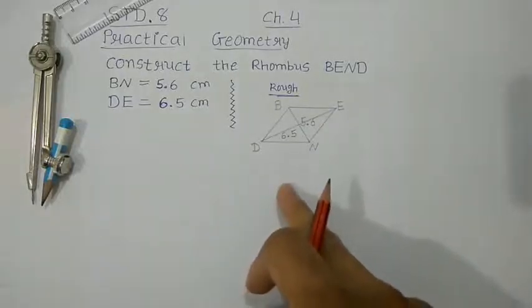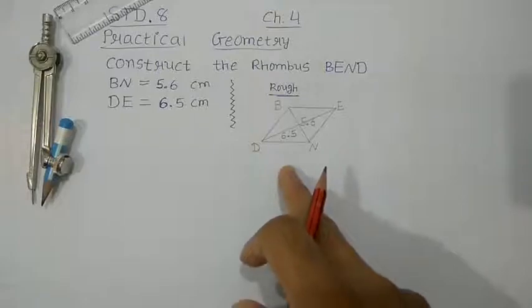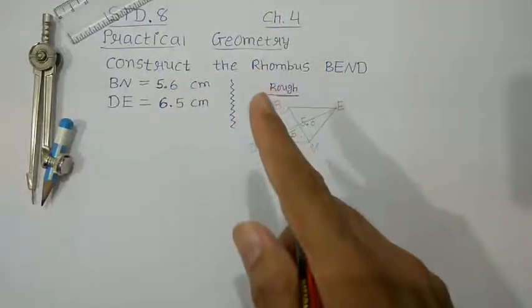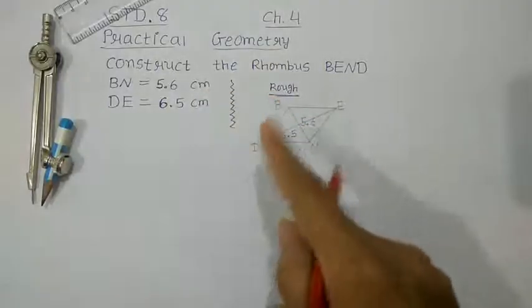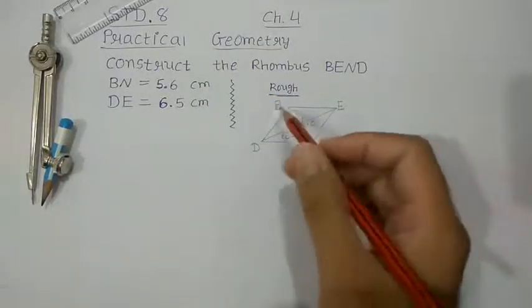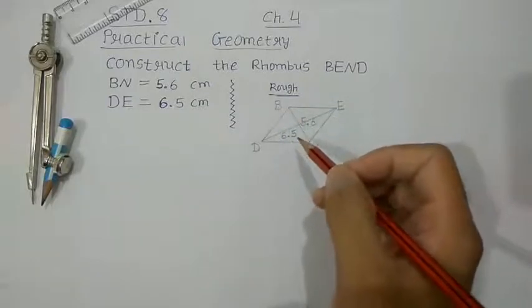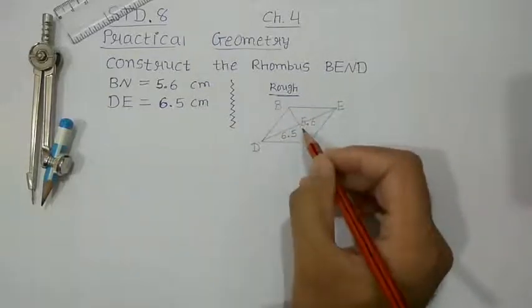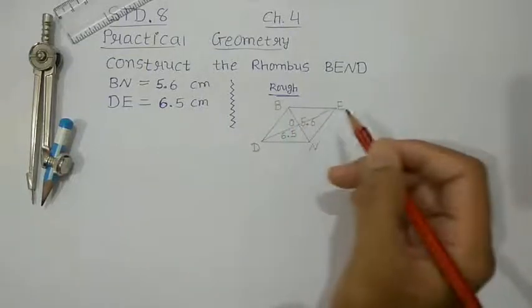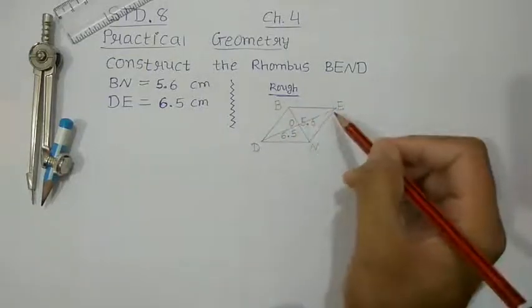Here we have to notice one more property of the rhombus: the diagonals of a rhombus bisect each other. Bisect each other means both the diagonals divide each other into equal parts, right? So let's suppose there is a point O, the intersecting point of both the diagonals BN and DE.